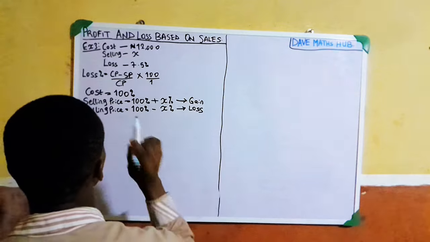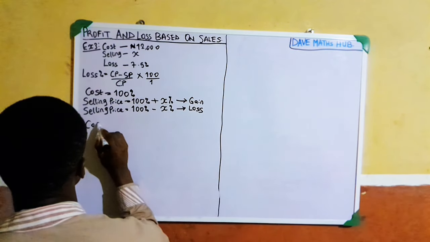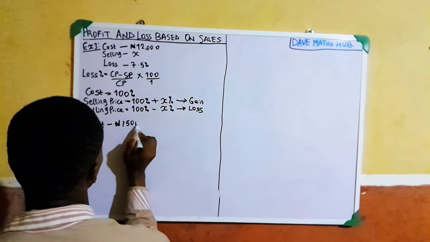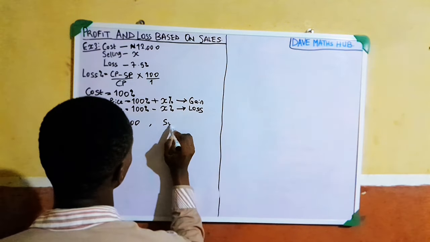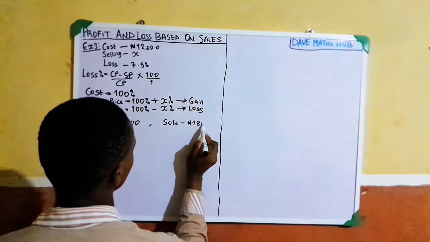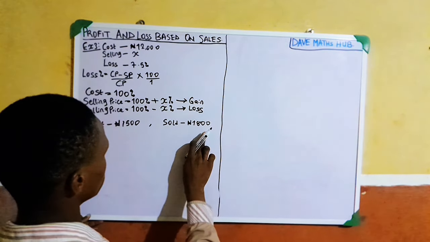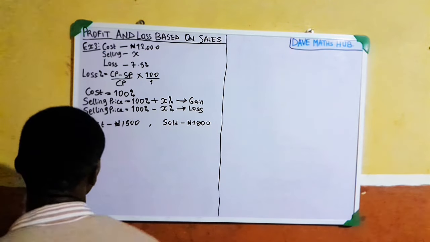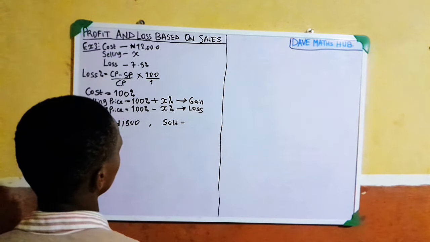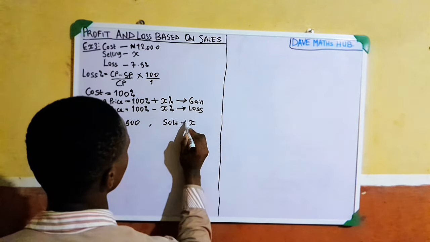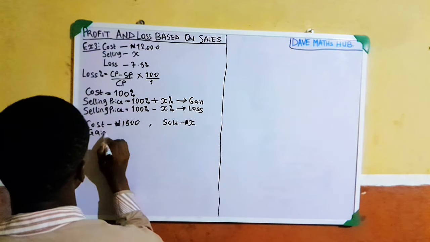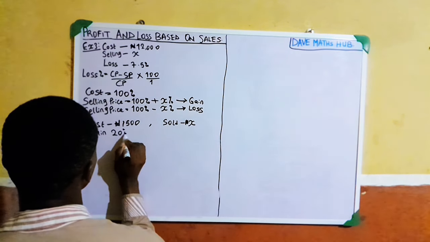Because using the first example where we were told cost is 1,500 naira and was sold for 1,800. Now we were told it was sold for 1,800, but imagine a situation where we're not given the amount it was sold. It was sold for X naira, and we're given that the gain was 20%.